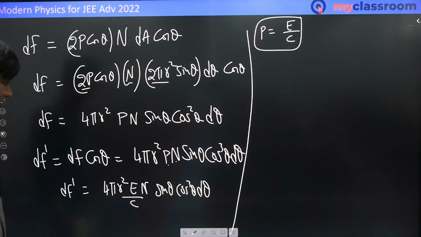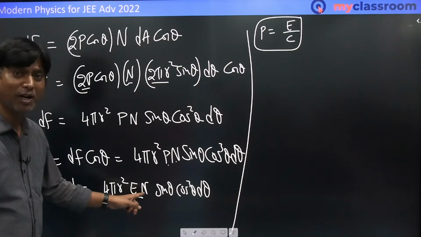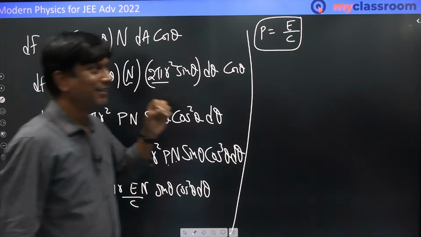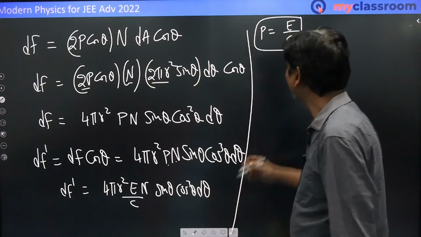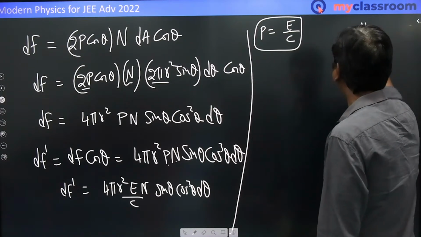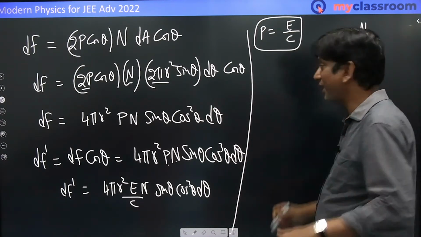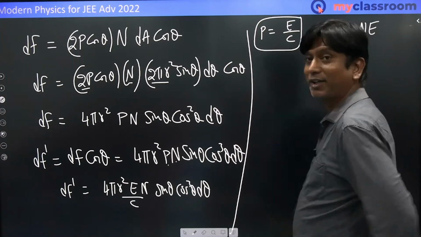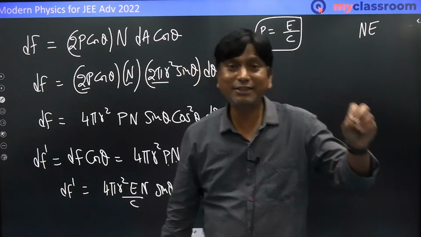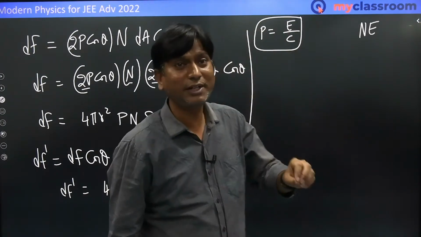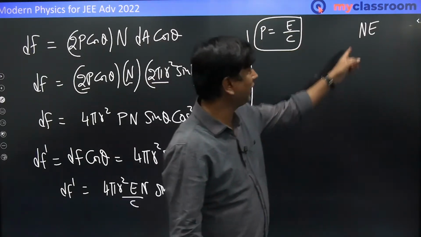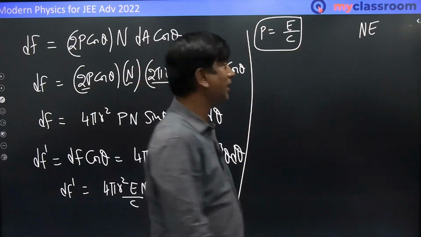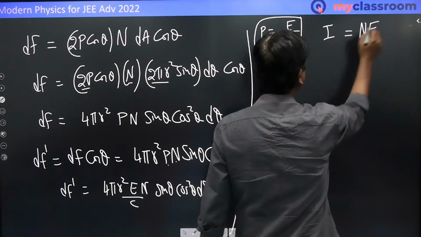Okay, next, energy of each photon into number of photons striking per unit time per unit area gives you total energy which is falling per unit area per unit time, and that is nothing but intensity.